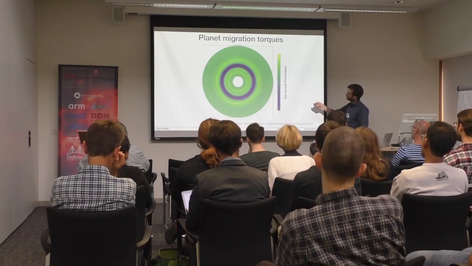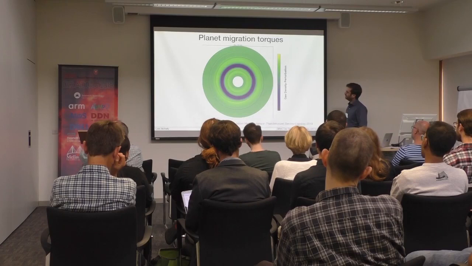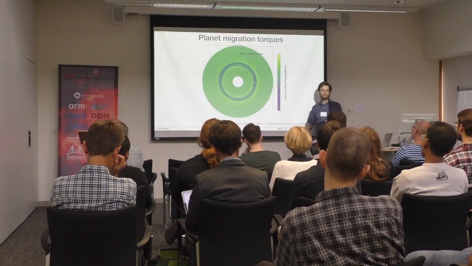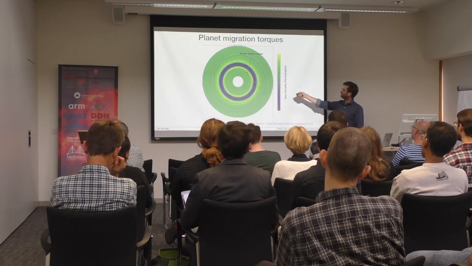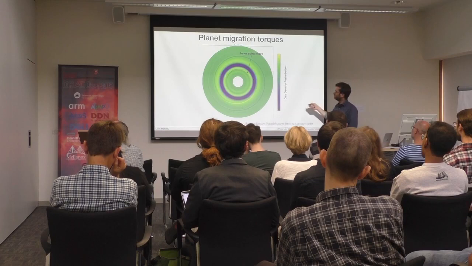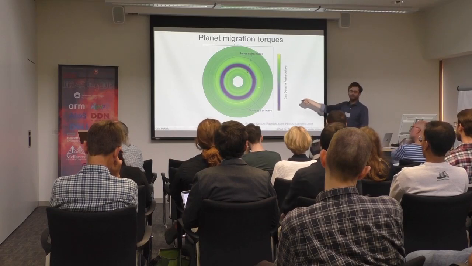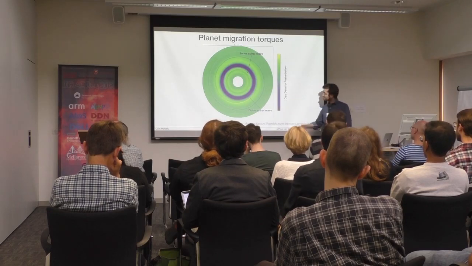That's due to the gravitational interaction of the planet with the disk gas. You see a couple of features. There's an inner spiral wave here. There's an overdensity that tugs on the planet, increases its angular momentum, and tries to make the planet migrate outwards in the disk. There's also an outer spiral wave here behind the planet. That overdensity tugs on the planet and drives the planet inward.